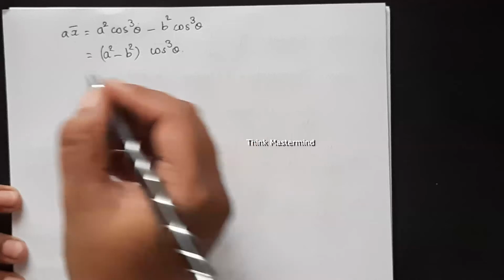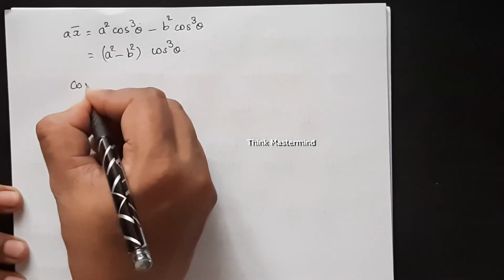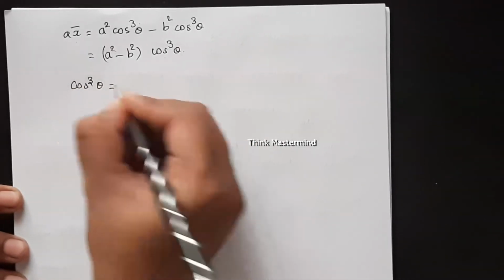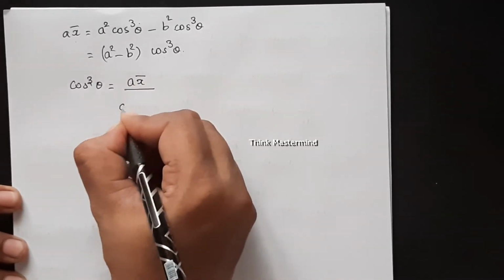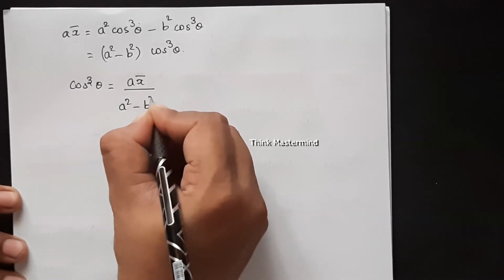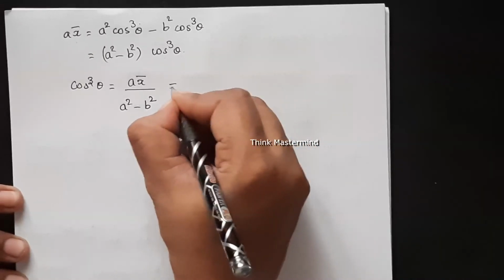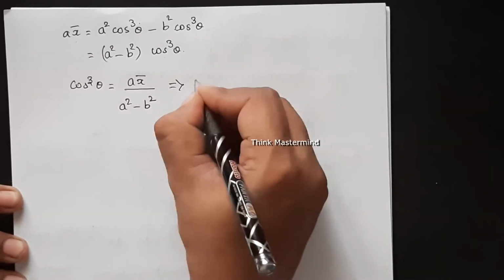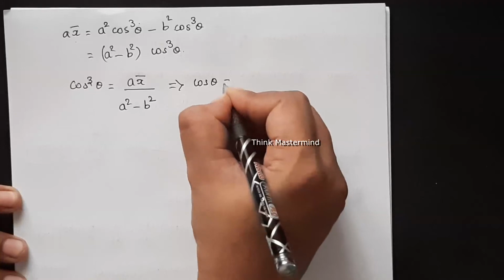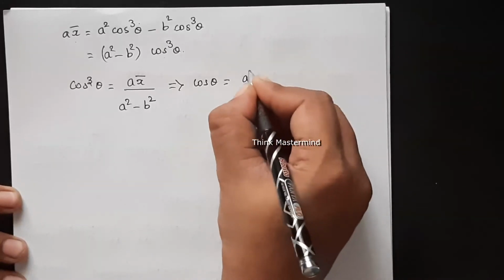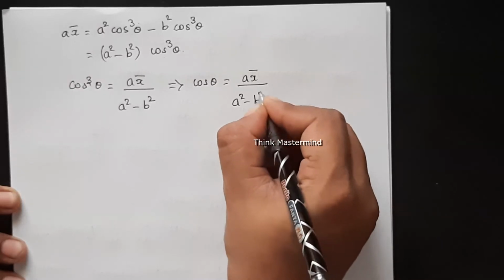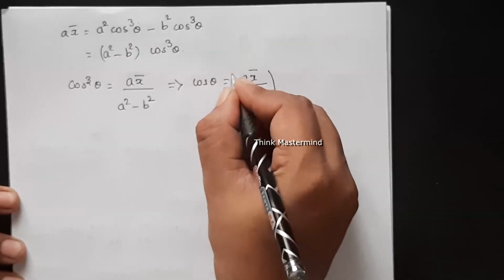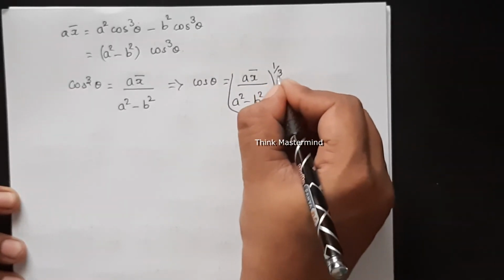Now here we are having cos cube theta is equal to a x bar by a squared minus b squared. So that implies cos theta is (a x bar divided by a squared minus b squared) whole power 1 by 3.